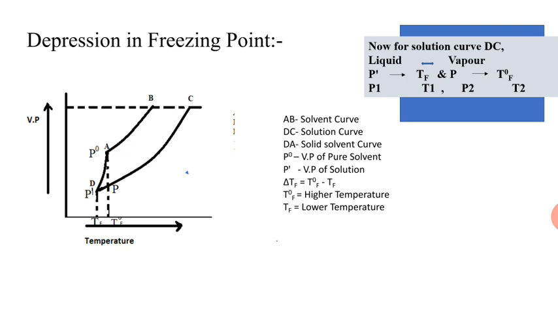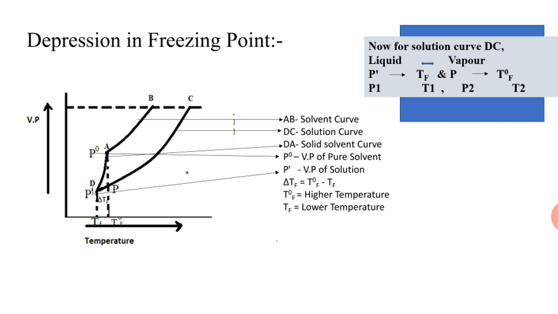As shown in the graph, we are now considering the curve CD. When the pressure is P dash, at that time the temperature is Tf. When the pressure is P, at that time the temperature is T0F. So again give P dash as P1, Tf as T1, P as P2 and T0F as T2.